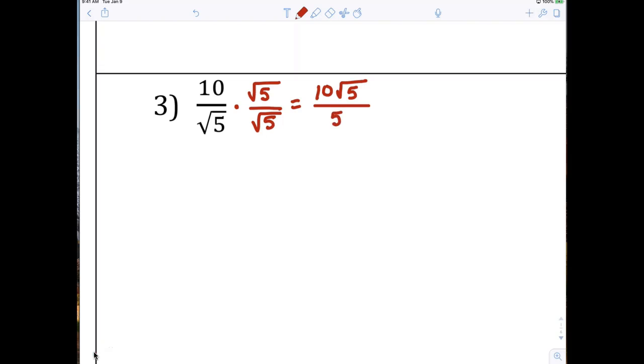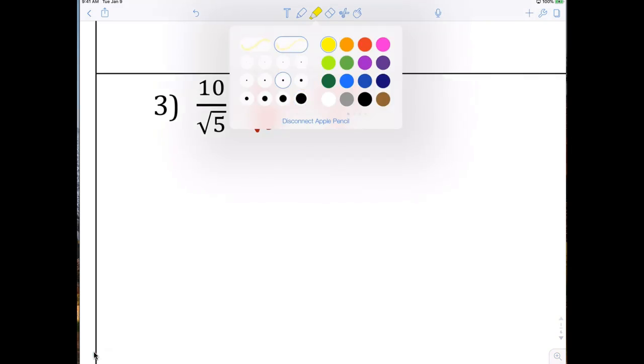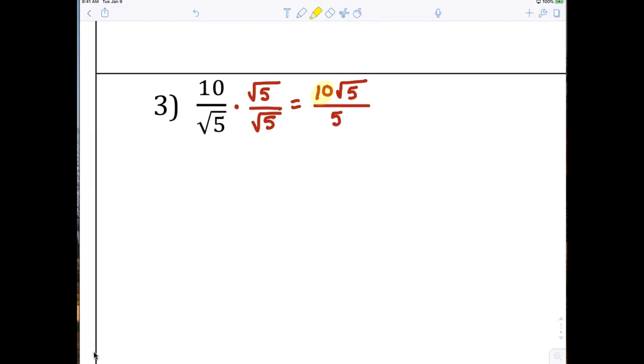Now you're to the point where you always look to see if you can reduce fractions. In this case, you're looking at the rational number itself, which is 10, and you're looking at 5. Because those are both rational numbers, you can reduce them. So if I reduce that, that becomes 2 radical 5. Now, if you write 2 radical 5 over 1, that's perfectly fine. It's the same thing.